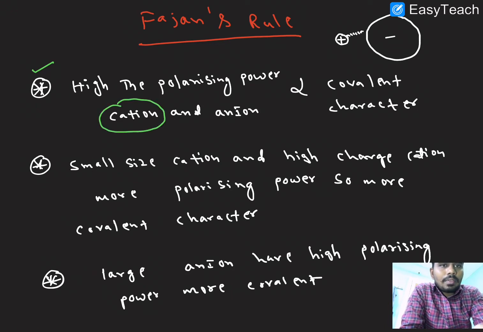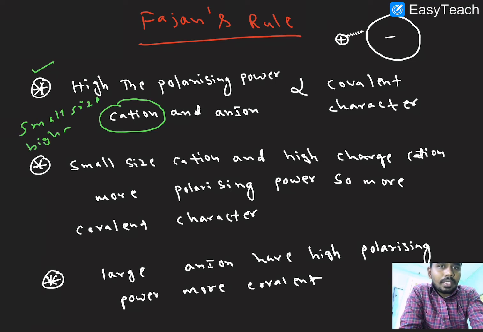When a cation has more polarizing power, small size and high charge, small size high charge cations have high polarizing power.